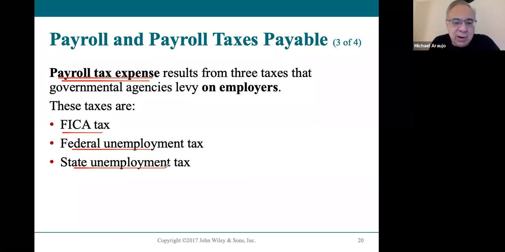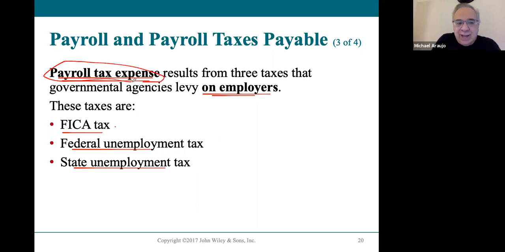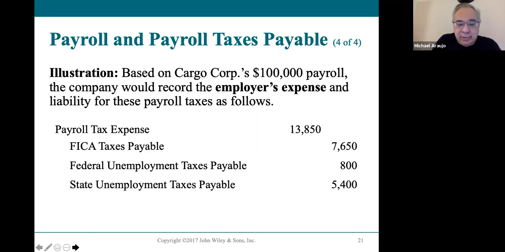It's an insurance program, basically. So employers pay those. You don't pay these. Your employer does. So that becomes their payroll tax expense, and it's going to be a payable until they actually pay it.